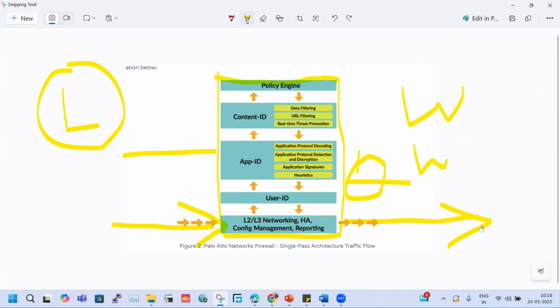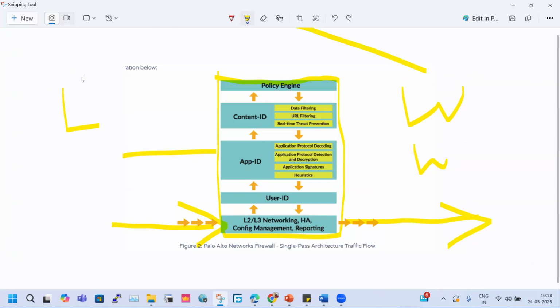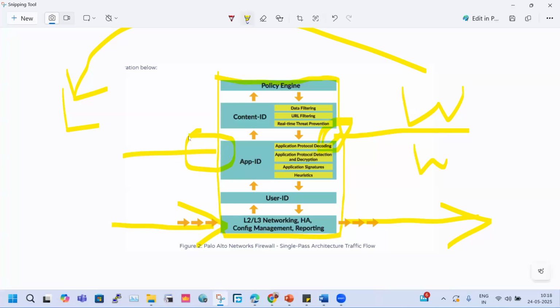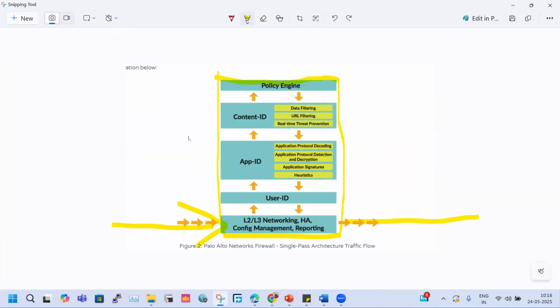If my traffic flow is reversed, moving from WAN to LAN, it will be received by this interface, so this interface becomes ingress and the other interface becomes egress. Is it clear? Okay.